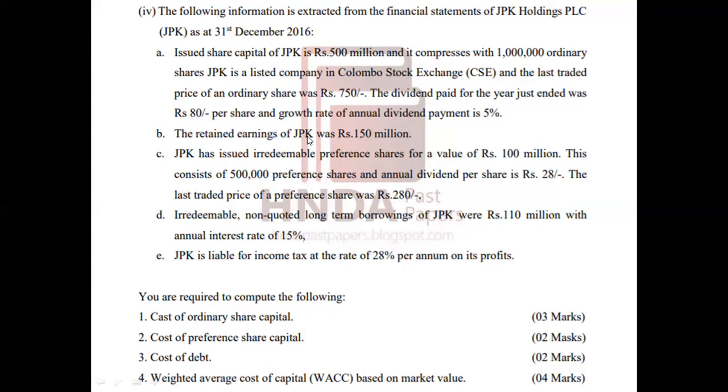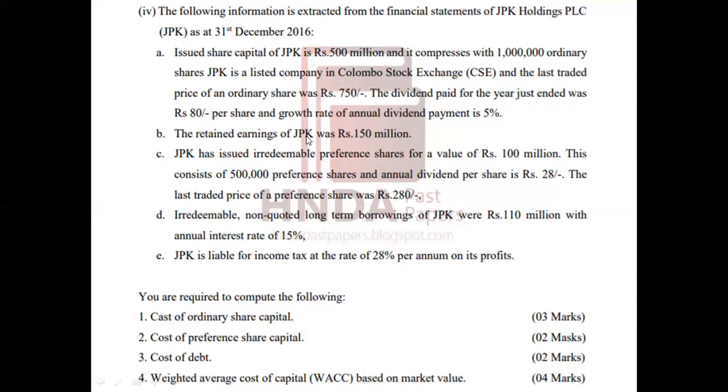So even though there is no market value for retained earnings, as it is a sacrifice of the ordinary shareholders, there should be a cost of capital. But in weighting, if we use the market value basis, we should not consider retained earnings, as retained earnings do not have a market value.